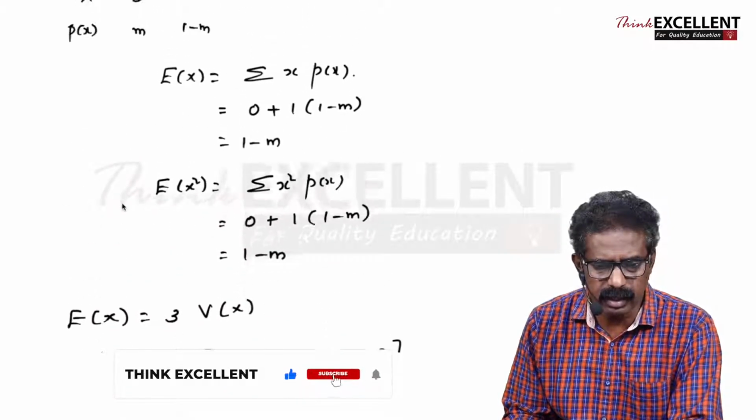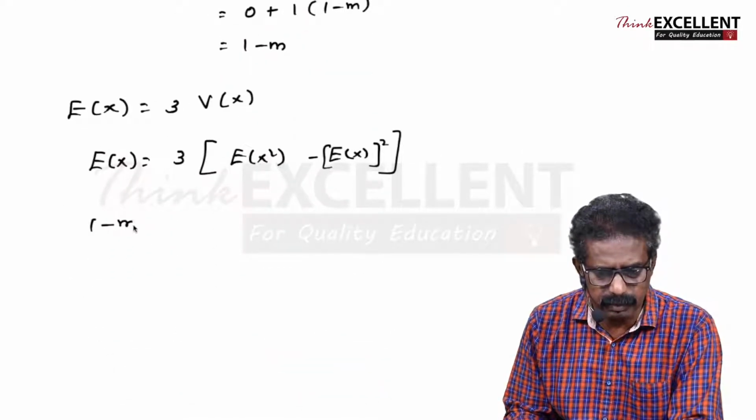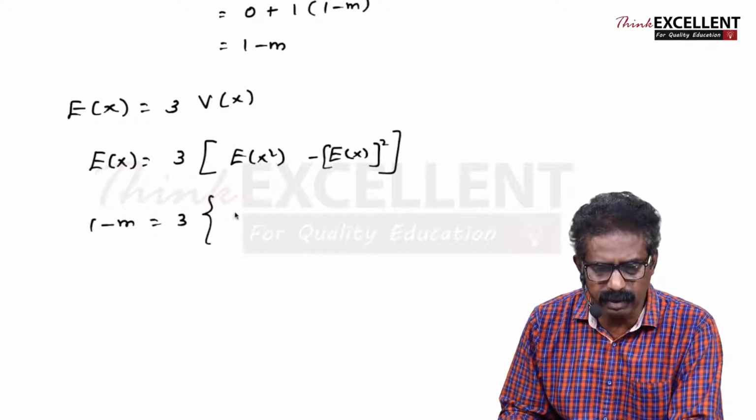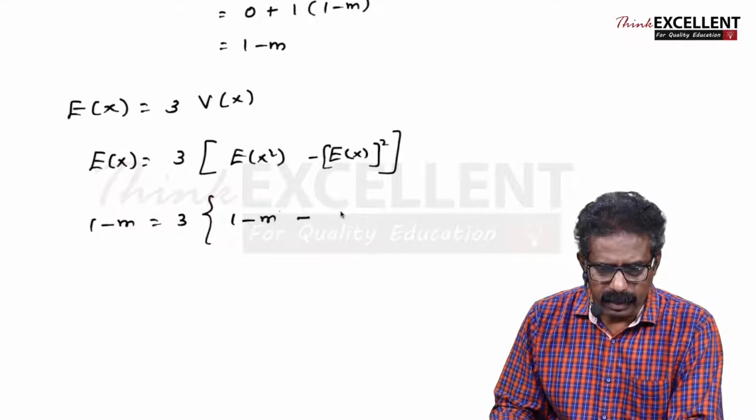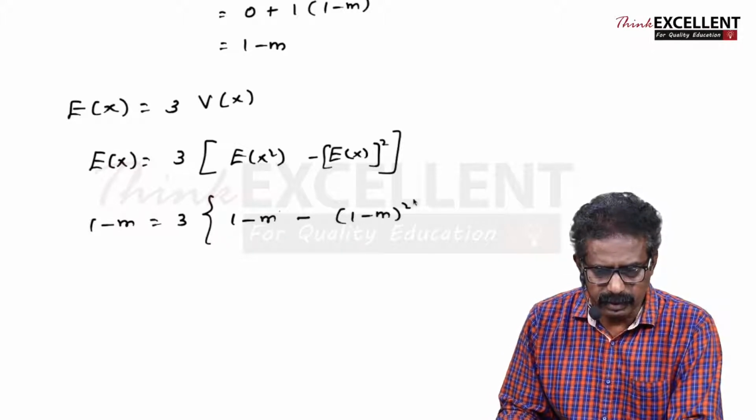So E of x you got as 1 minus M. So 1 minus M is equal to 3 into E of x square, that also 1 minus M, minus 1 minus M square.